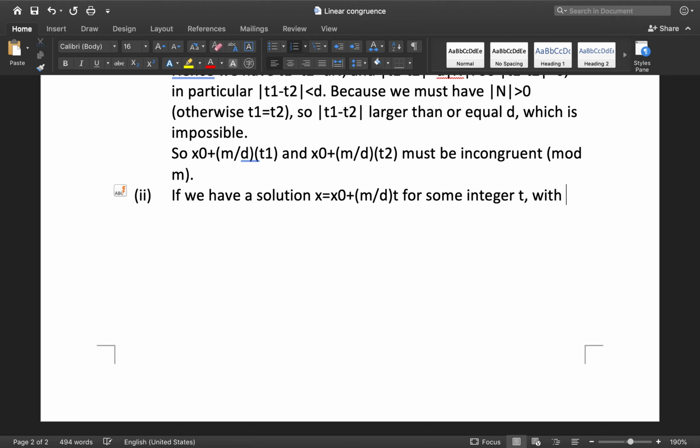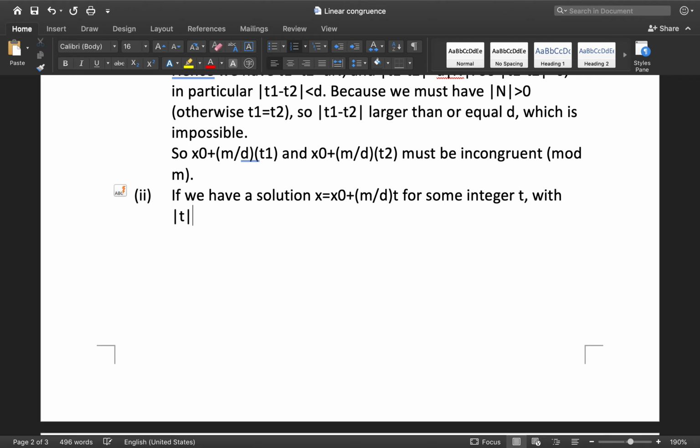Now for example, with t bigger than or equal to d, because if t is less than d, then t must be from the set of integers like this.